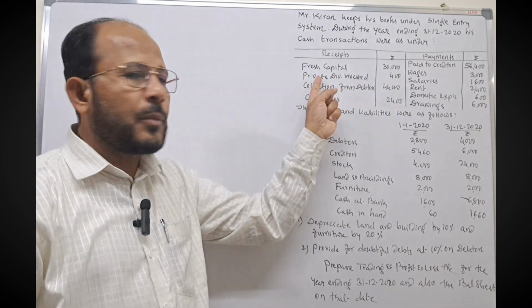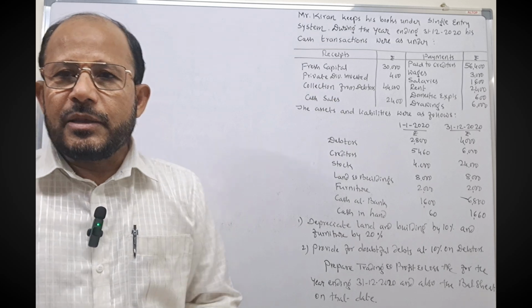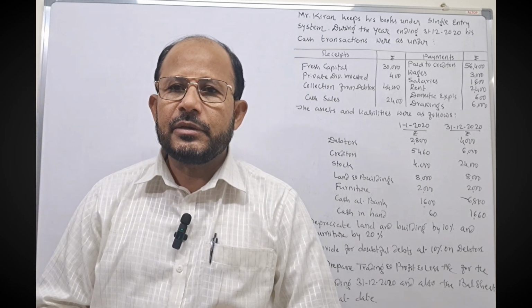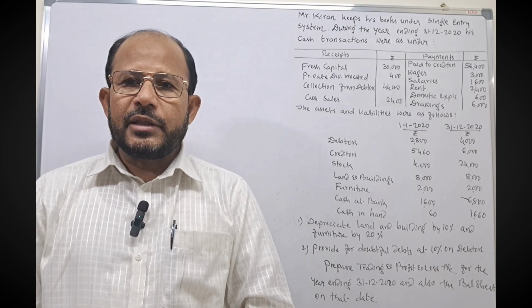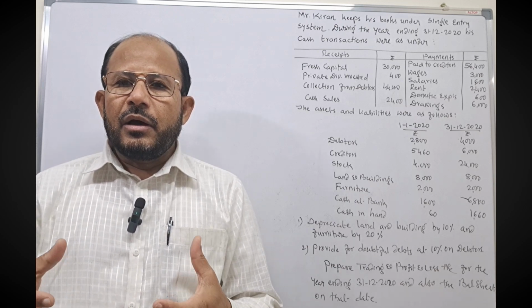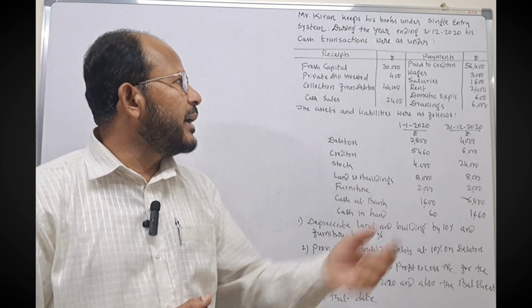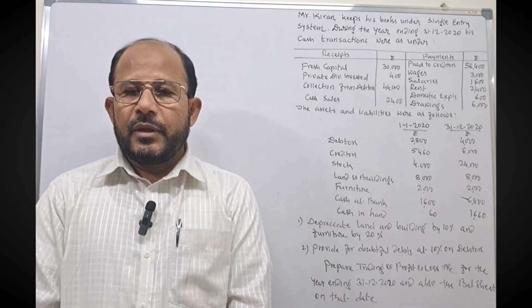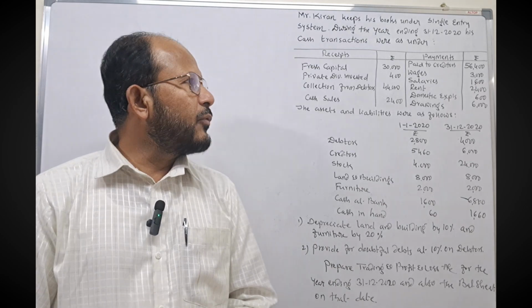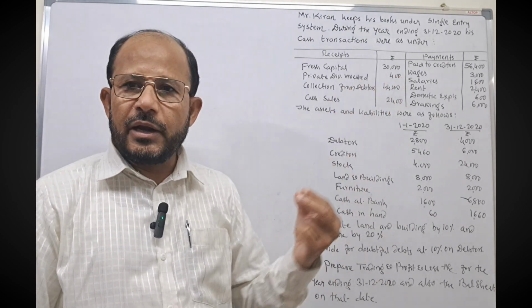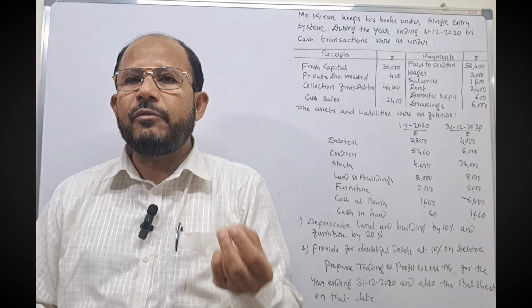What is the meaning of private dividend here? Here the businessman has invested his private amount outside the business, and after that he has earned a dividend of rupees 400, and this amount he has invested in his own business. Therefore, whatever rupees 400 he has earned is his private income.